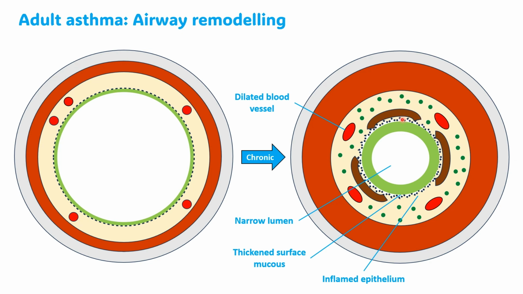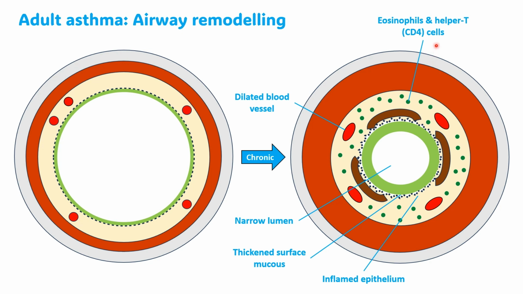So these are going to be our T helper 2 cells and also our eosinophils if we're thinking about allergic asthma, so atopic asthma. Okay, so they've infiltrated the lamina propria of the bronchioles.